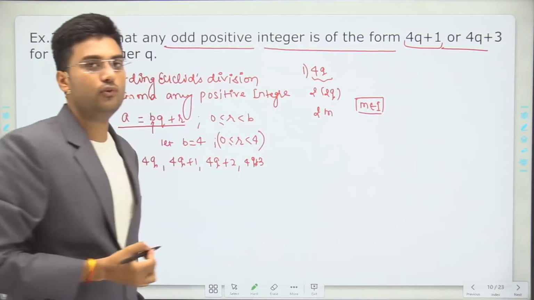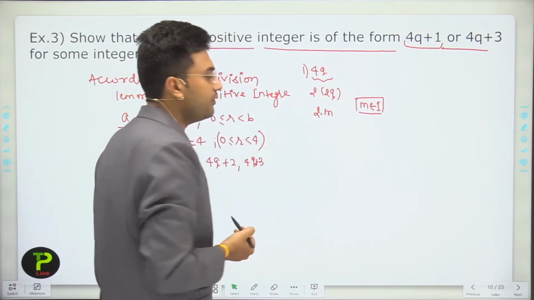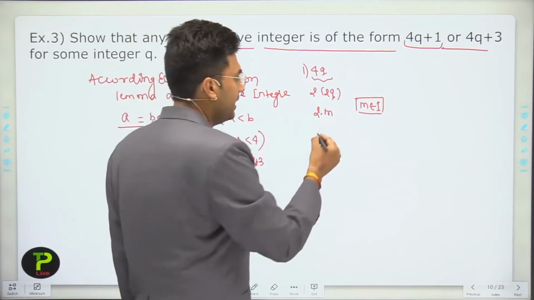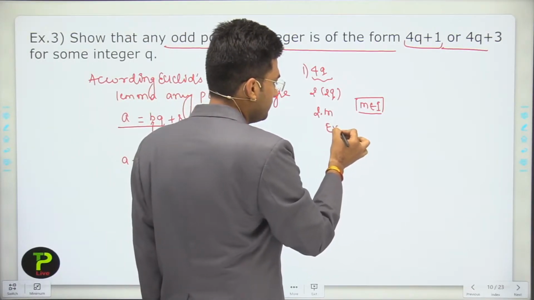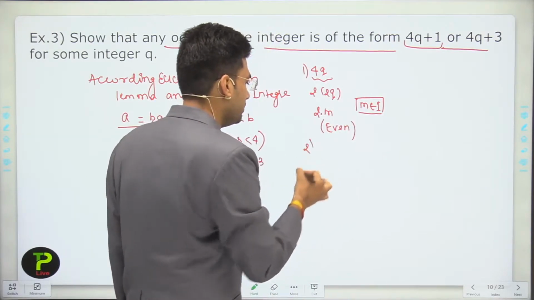In 2m one factor is 2, so it is divisible by 2, so this number is an even number.